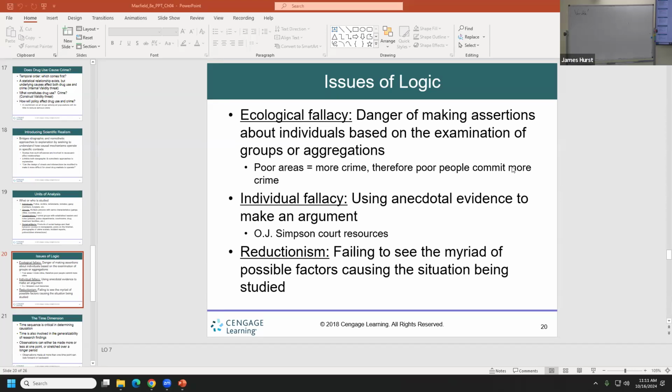O.J. Simpson's court resources. Oh my goodness, that almost reminds me of Dave Chappelle's joke, and it is a really bad joke about O.J. Simpson. How he set it up, it was something to the effect of, that was in the 90s, the equivalent of finding out what the price was to kill somebody if you were black, because it's not uncommon.